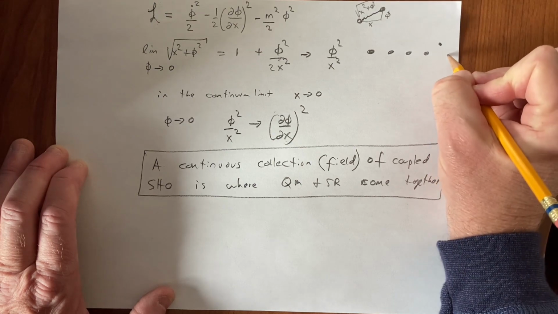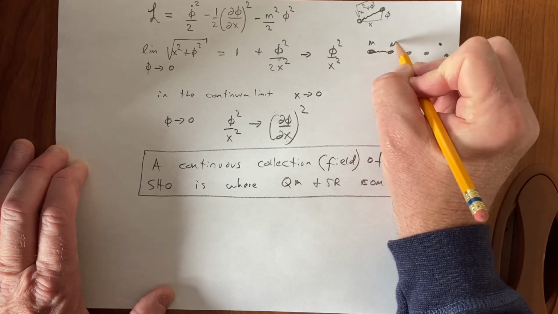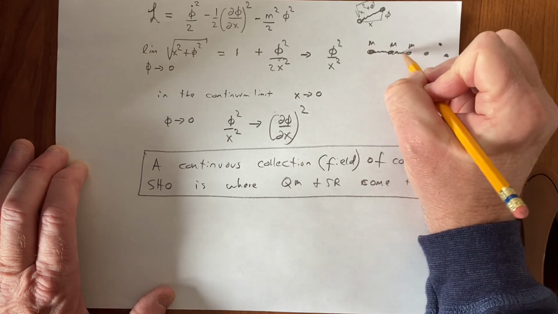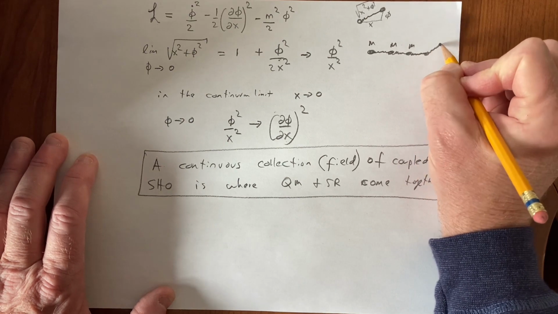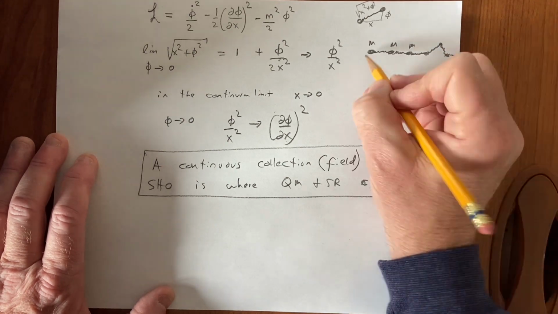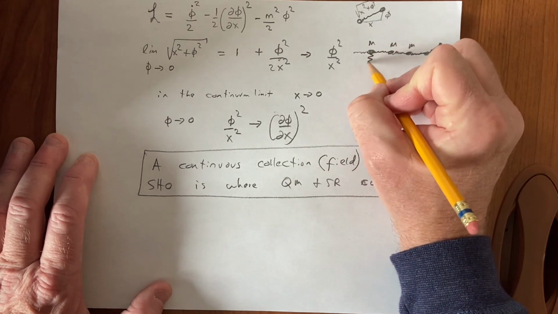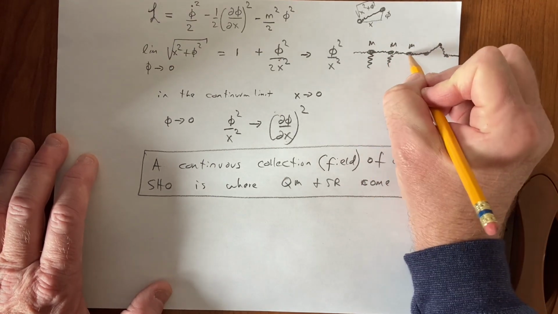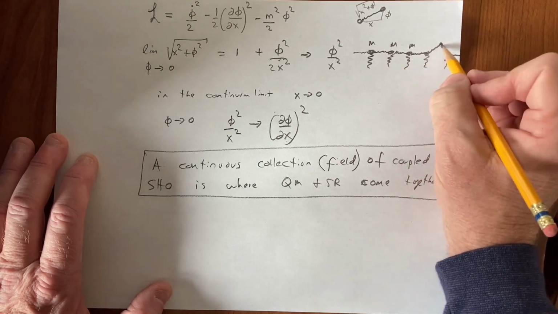Let's displace one of these. These are the limit of this kind of thing, a collection of masses connected by strings that can oscillate up and down, and they are coupled.